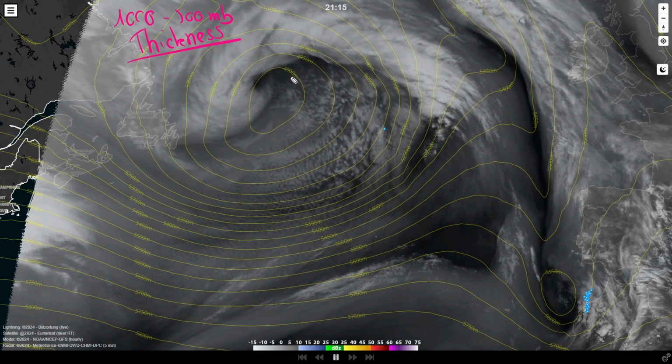As you can see, this value here has a thickness of 4,900, which is a lower thickness compared to the thickness here, which is 5,750 meters. The thickness here is more, which means if we follow the hypsometric equation, there should be a warmer air mass here than there is here in the center where it's colder.